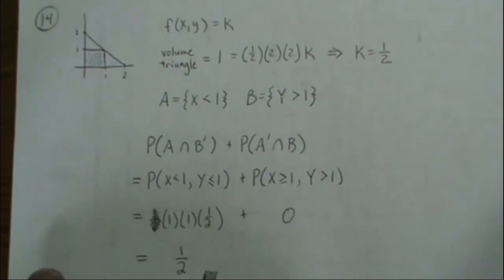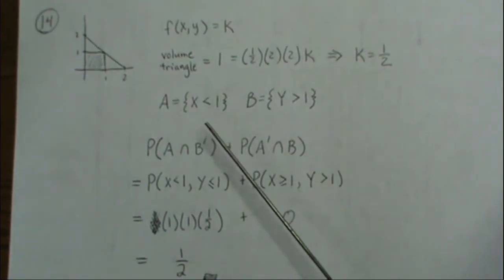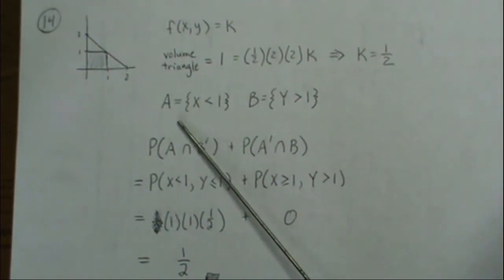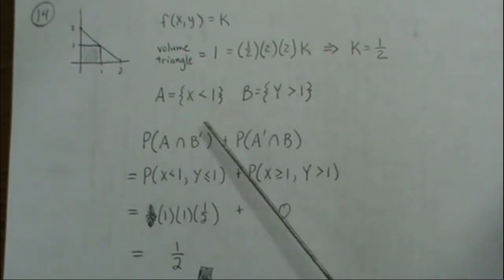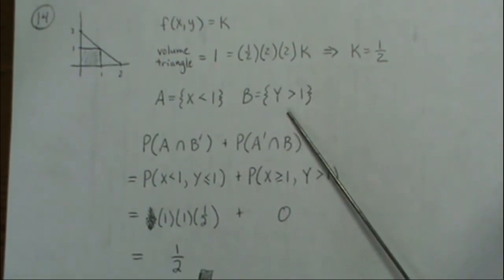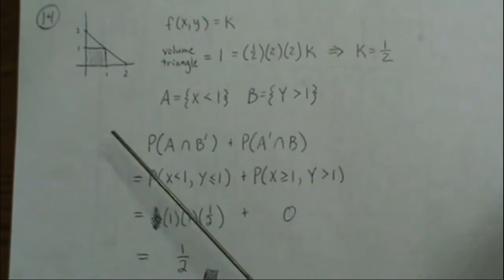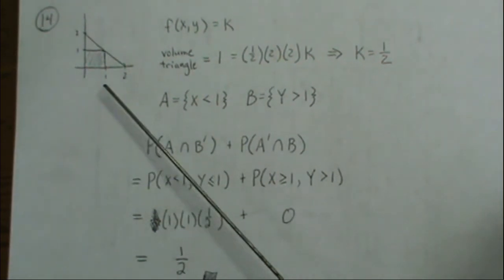So problem 14, we want to find the probability that exactly one of the two events occurs. So event A is X is less than 1, and B is Y is greater than 1.